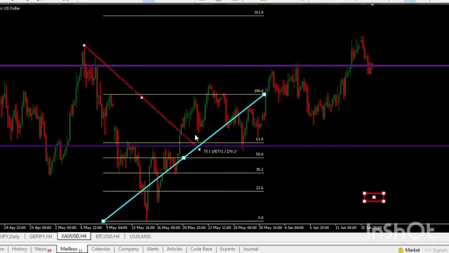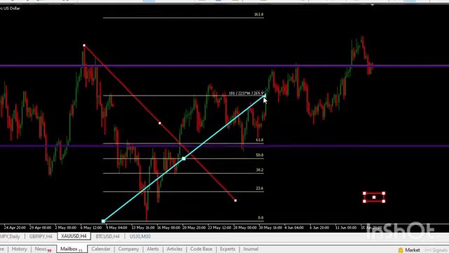Okay, so at this very level, when we bring our trend to this place, 1, 2, you could see that this trend was actually broken on this same level of 61.8.